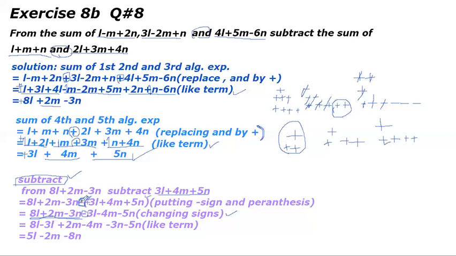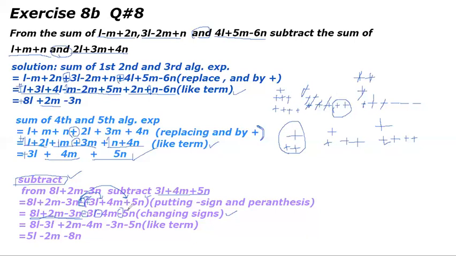Again, this negative sign will be multiplied by this positive sign, positive 4m. Negative multiplied by positive always gives us a negative sign. Again, this negative sign is being multiplied by this positive 5n, positive sign. Negative multiplied by positive will give us a negative sign.